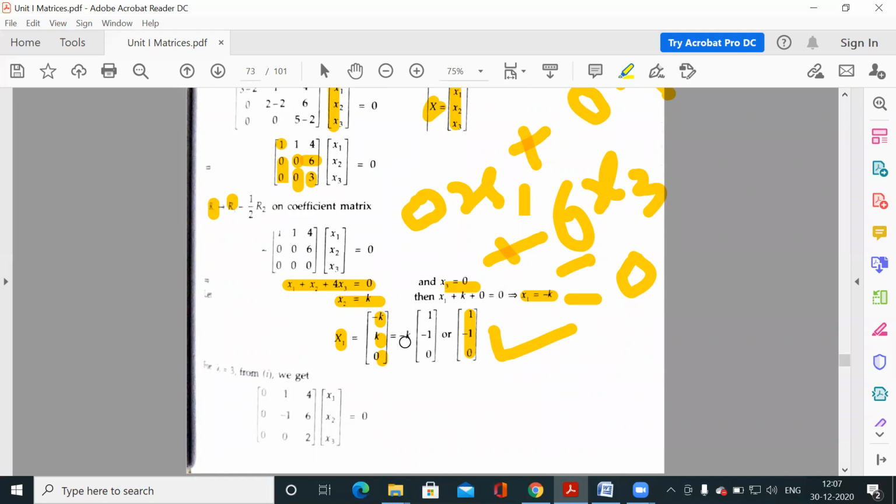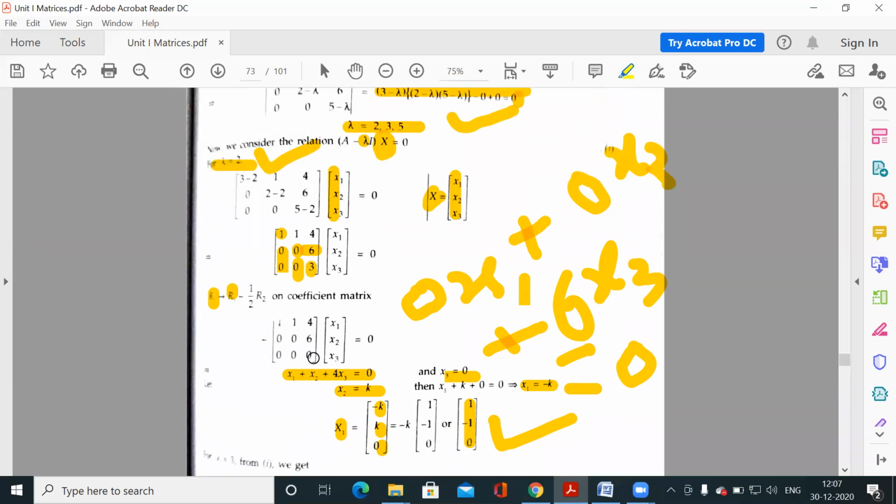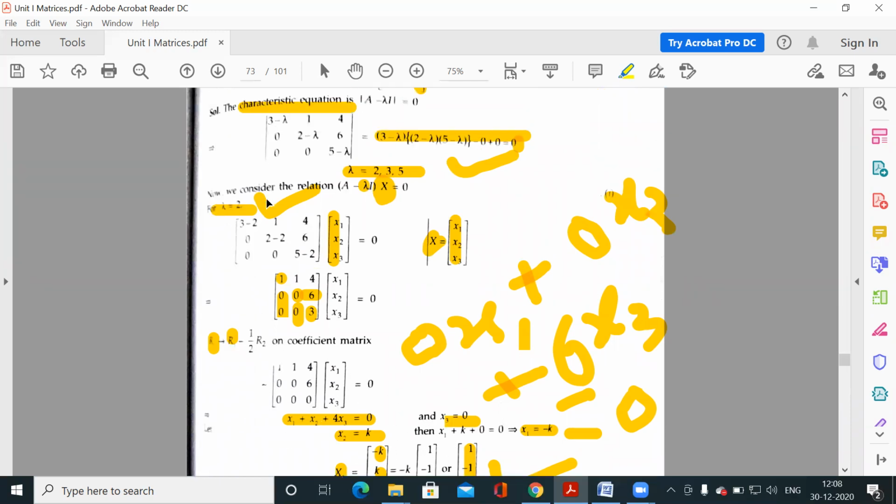If someone takes k as 1, 1 by 2, 1 by 3, this is a multiple of this eigenvector. All eigenvectors would be multiples of this eigenvector. Clear? So each student can get a different answer for eigenvectors. So there are infinite eigenvectors corresponding to each eigenvalue.